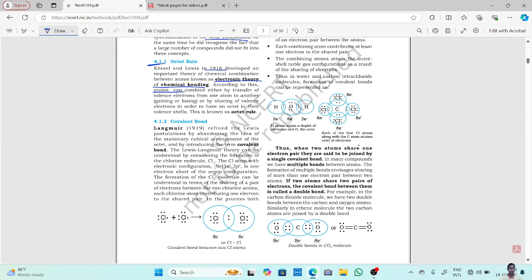An atom can combine either by transfer of valence electrons, where one atom loses and the other atom gains, or you can form a bond by sharing of valence electrons, in order to have an octet in their valence shell. This is known as the octet rule.